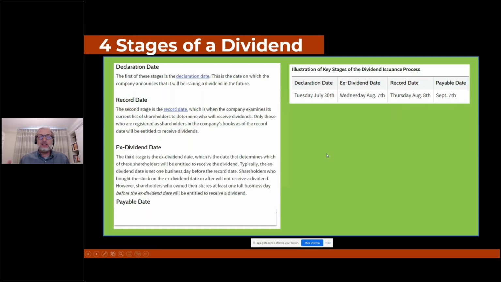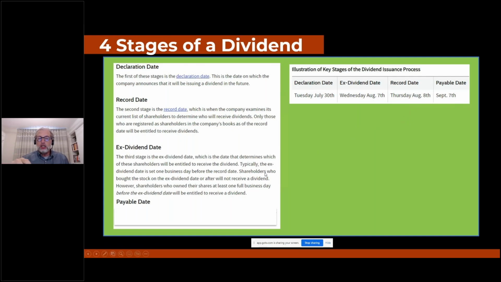So what's an ex-dividend date? Keep in mind, this is super important. The 3rd stage is the ex-dividend date, which is the date that determines which shareholders will be entitled. And so typically the ex-dividend date is set 1 business day before the record date. Notice this kind of chronological, 1 business day before the record date.